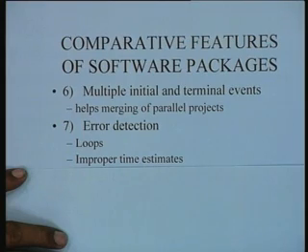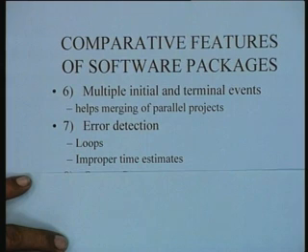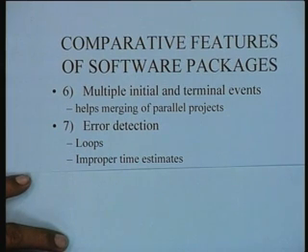If it finds that you have keyed in data like 20 months for that particular activity, it says no, check it, something is wrong with that. So improper time estimates are those outside the normal range which you might have specified within the program, or which are available from the experience of past projects in your computer. Does the package have this facility for detecting those improper time estimates and printing out an error signal saying that there is something wrong here?